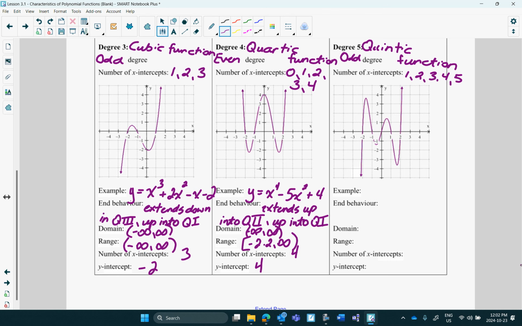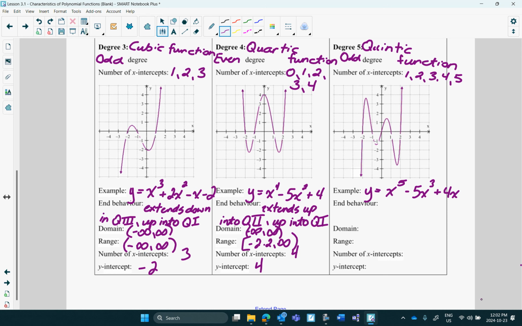You just have to shift these things around onto the x-axis. This specific one is y, or f of x, of course, equals x to the 5th minus 5x to the 3rd plus 4x. Its end behavior is like every other odd degree function.